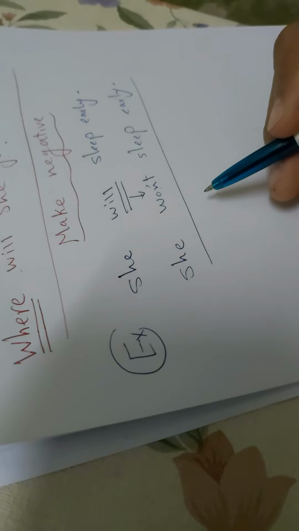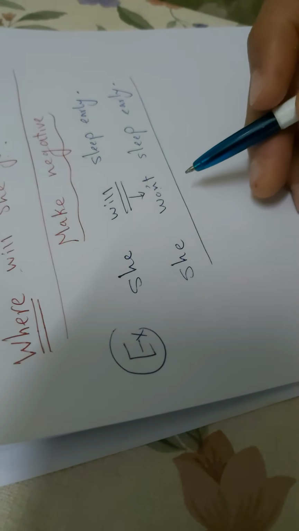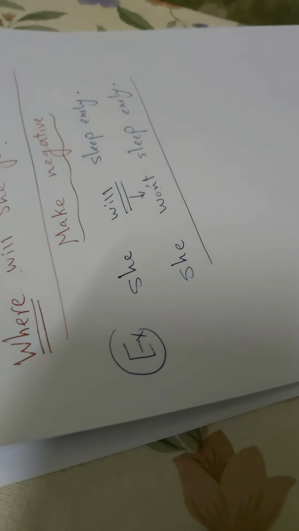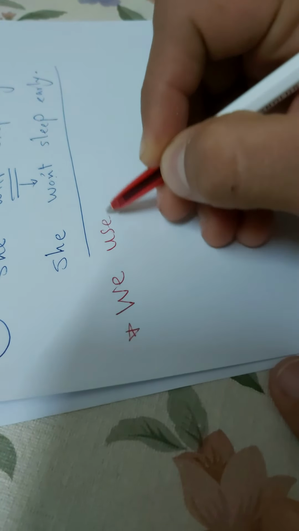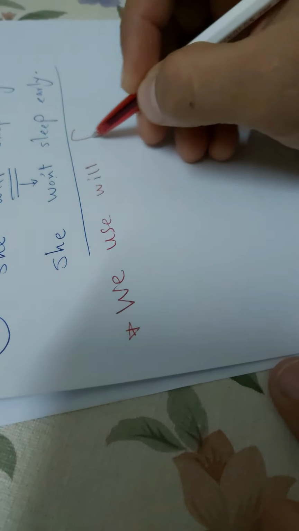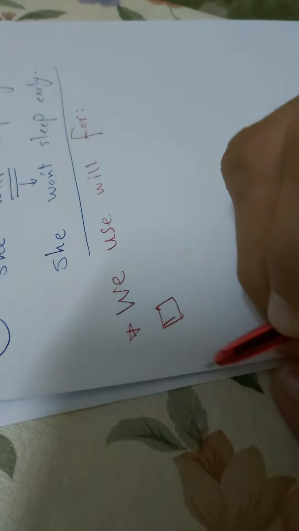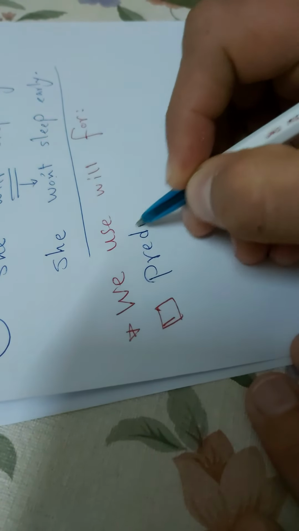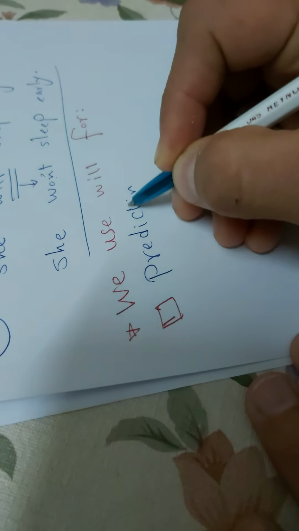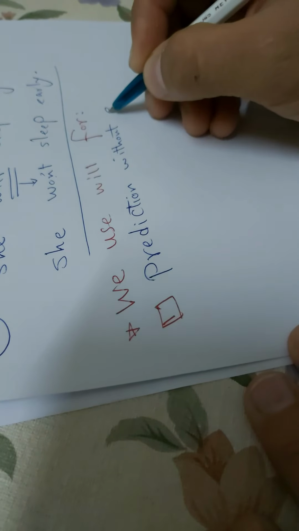Okay, now we have a question here. When do we use will? We use will for number one, prediction but without evidence.